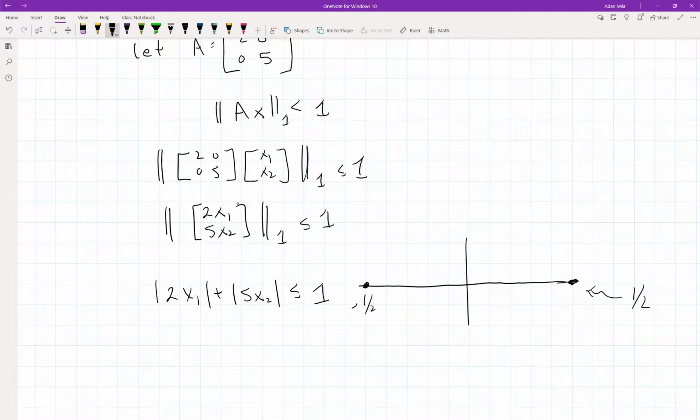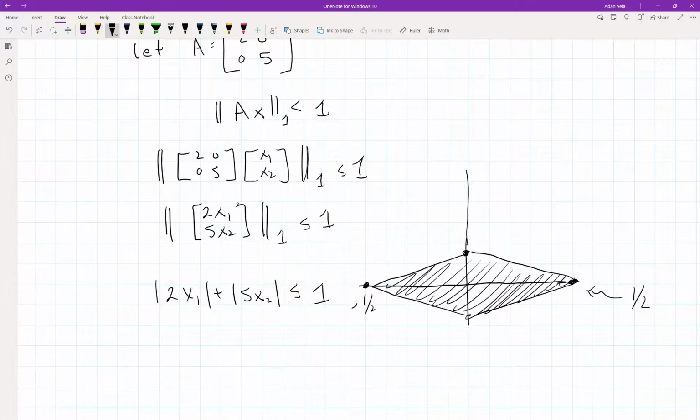In the other dimension, the biggest that x2 can be if x1 is 0 is 1/5. Where is 1/5? I think it's somewhere about here. I don't really know, but you're going to end up getting a stretched out diamond as your feasible space.